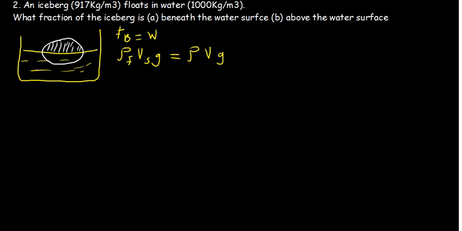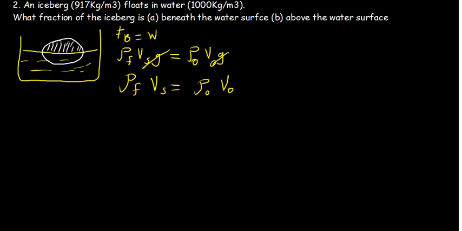Now in this case, the volume that we are using to find the weight of the fluid that is displaced is of the object that we immersed in the water. The weight of the portion that is immersed in the water, because there's a certain force going up, is going to be equal to the weight of the fluid that is displaced. So g is the same, it cancels out. We're going to have the density of the fluid times volume of the solid equal to density of the object times volume of the object.